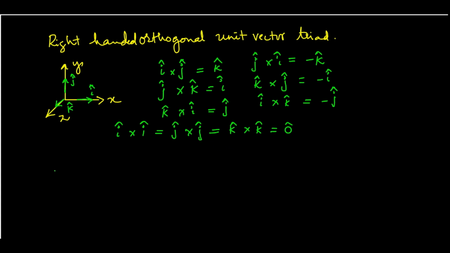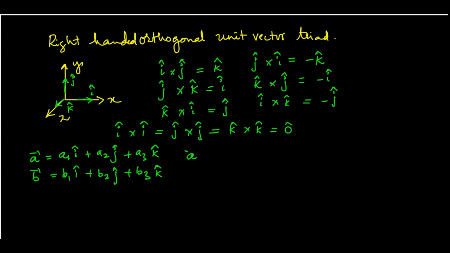Okay. So now if you have two vectors, let's say A is A1 i cap plus A2 j cap plus A3 k cap, and B is B1 i cap plus B2 j cap plus B3 k cap.